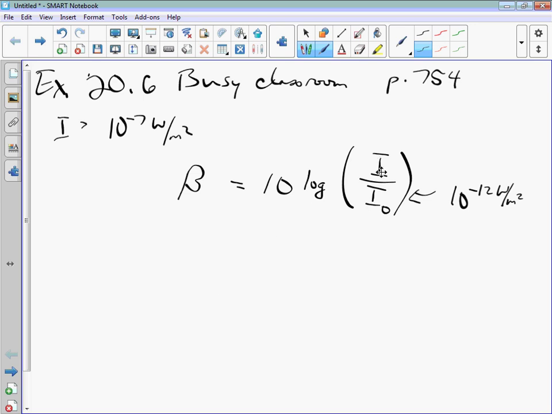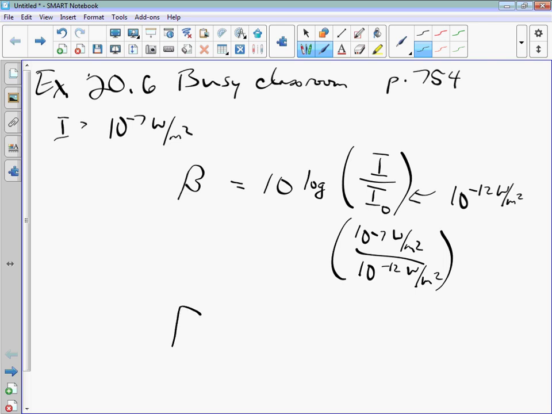So I'll just worry about this part first. Our intensity is 10 to the negative 7th watts per meter squared. Our reference is 10 to the negative 12th watts per meter squared. 10 to the negative 7th over 10 to the negative 12th is 10 to the 5th.